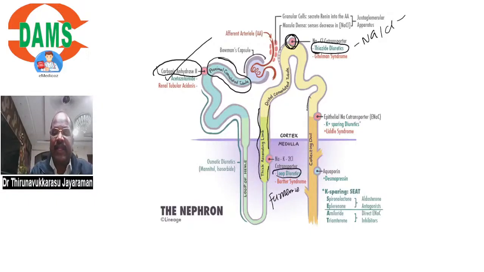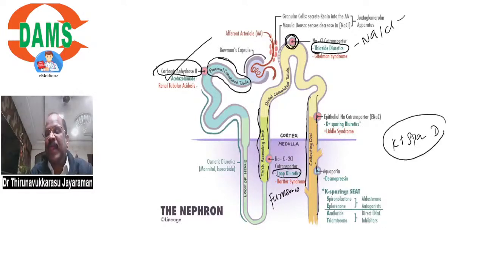And then collecting ducts. In the collecting duct, some of the diuretics are called potassium sparing diuretics. Again, a question: potassium sparing diuretics are of two types. One type is called epithelial sodium channel blocker, for example, amiloride, acting on collecting ducts.